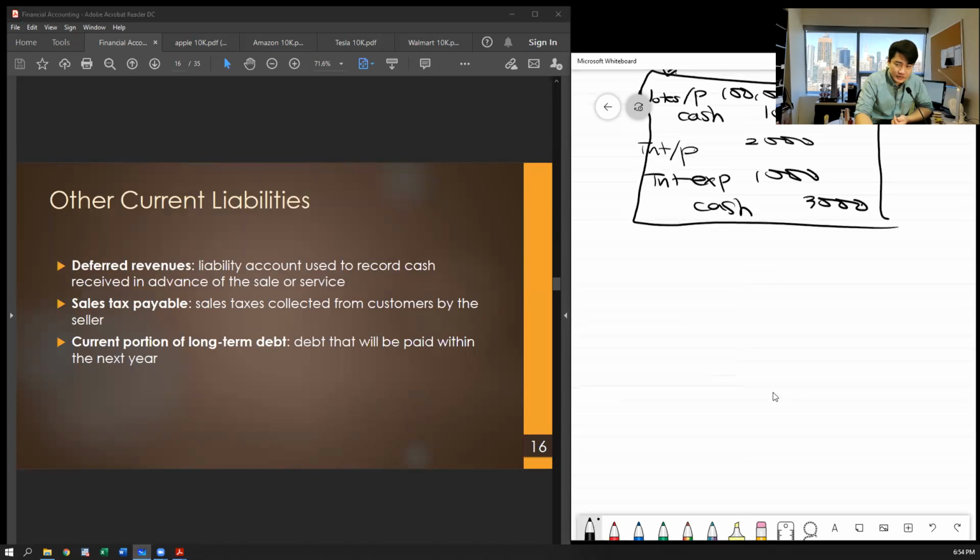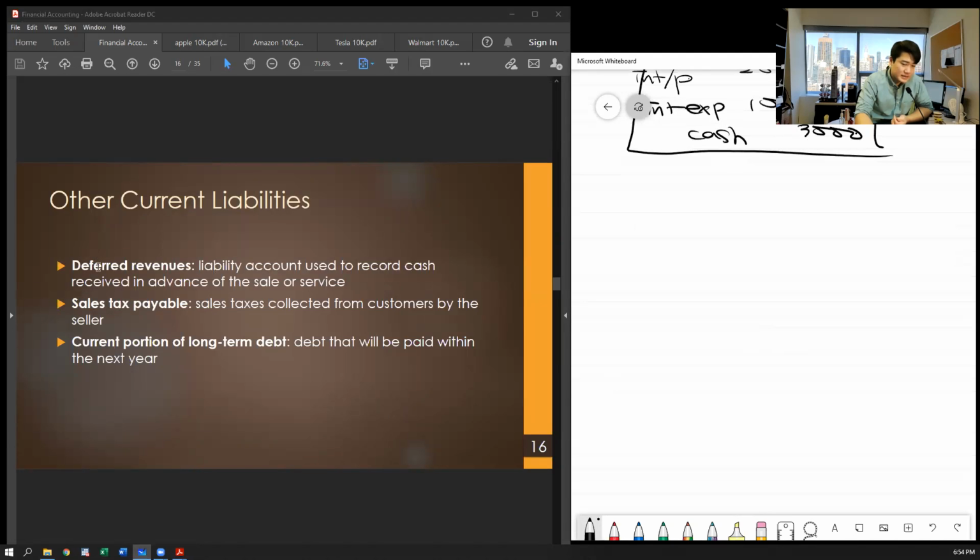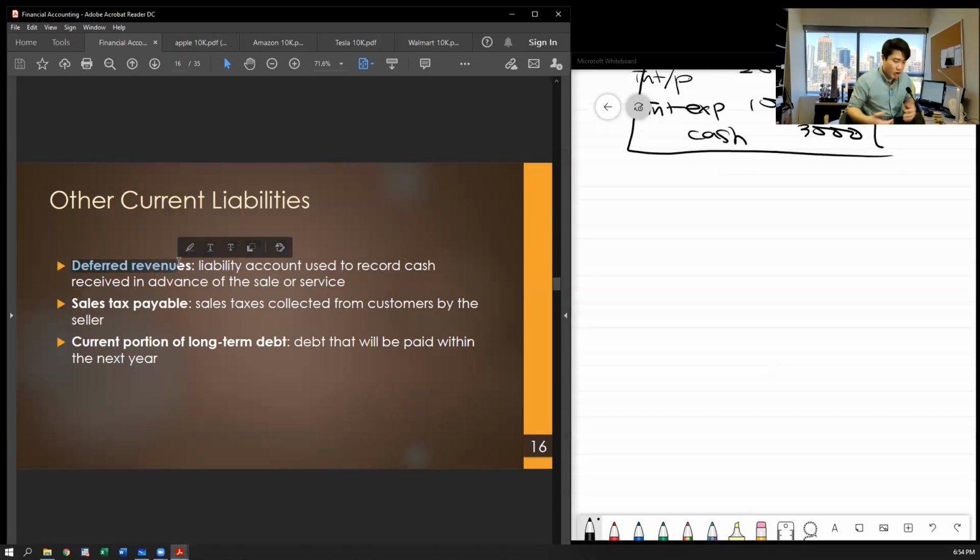And there are other types of current liabilities, deferred revenues. So we talked about this. If the company receives money, cash in advance for the services, you will report it under deferred liabilities. Sales tax payable.